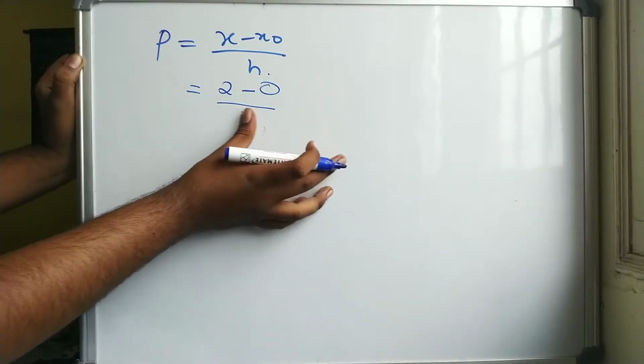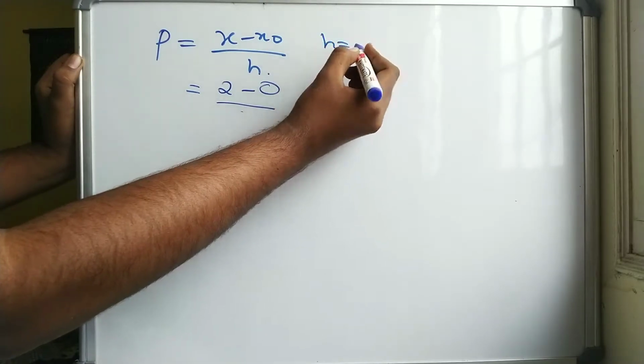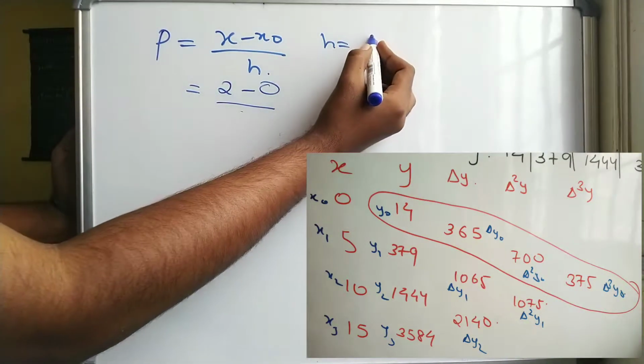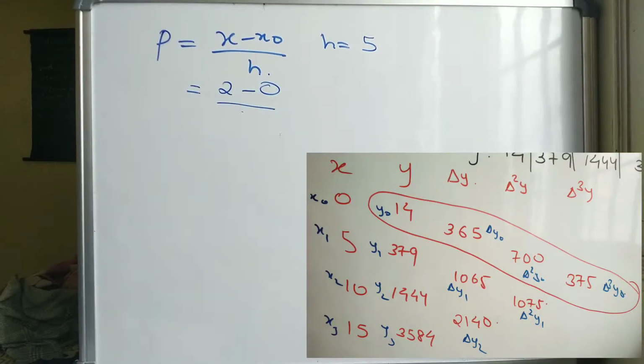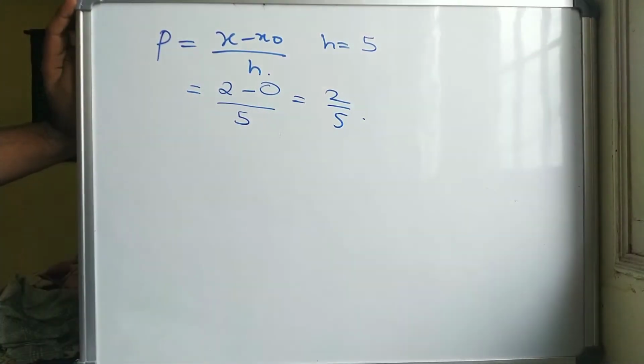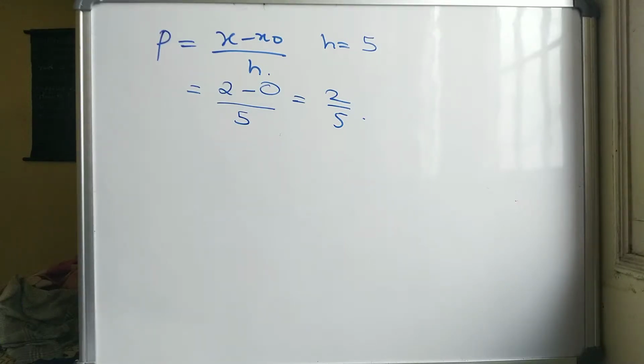H is the gap between the x terms, which is 5. So p is 2 by 5.